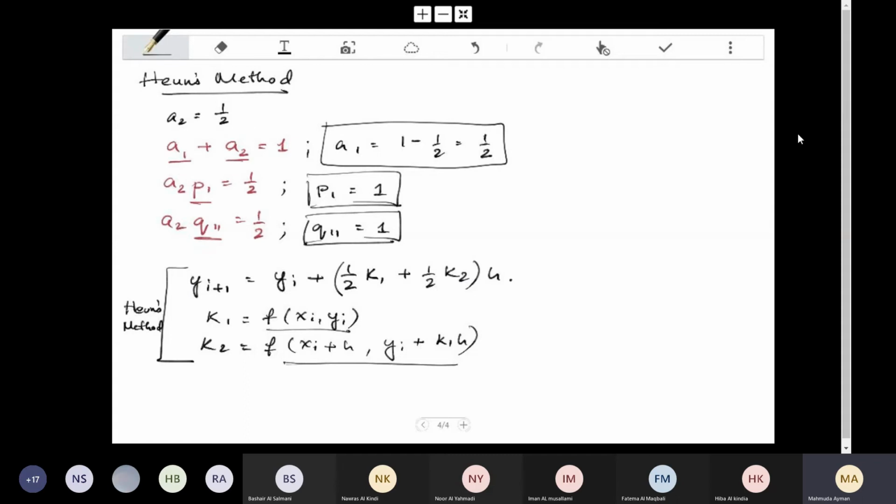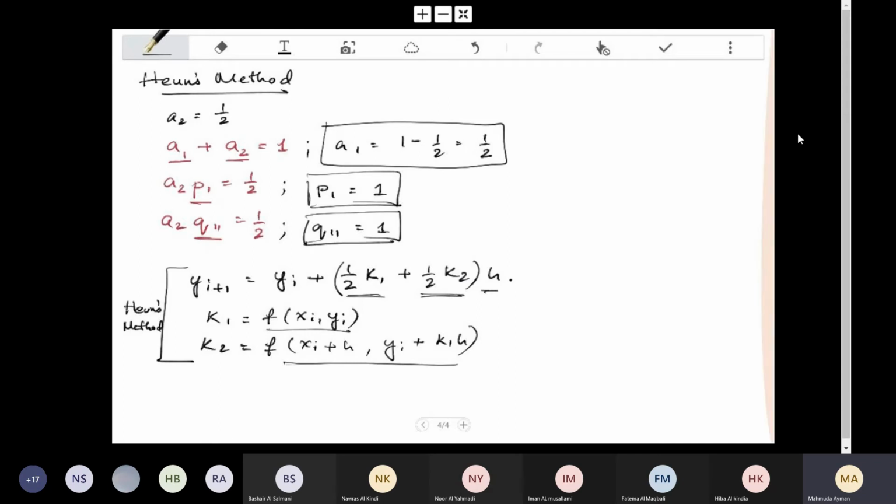And then you are taking the average of the two slopes, that is multiplying them by half and times h. That's all you're doing for the Heun method here.